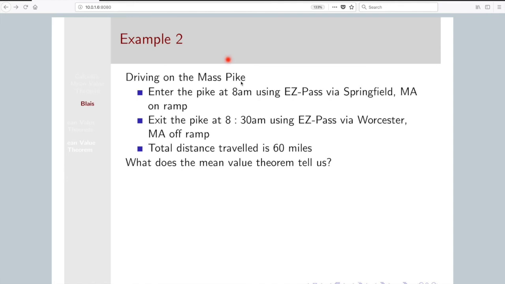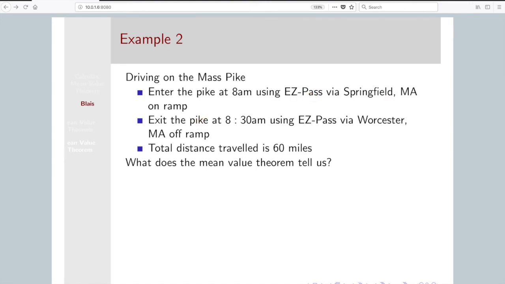One example I always like to give to explain the mean value theorem comes from driving. And this I find to be a very convincing and intuitive example. So suppose someone is driving on the Massachusetts Turnpike, the main east-west highway in the state of Massachusetts. The driver enters the Mass Pike at 8 in the morning using what's called EZ Pass at the Springfield, Massachusetts on-ramp.